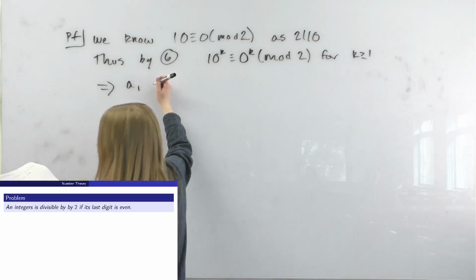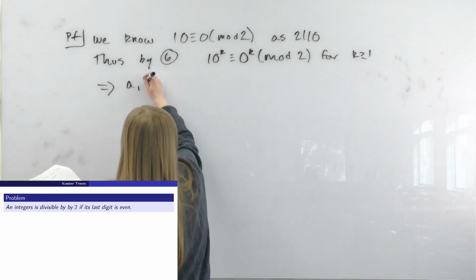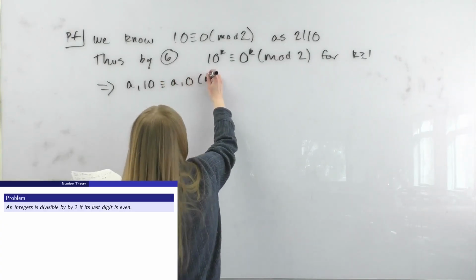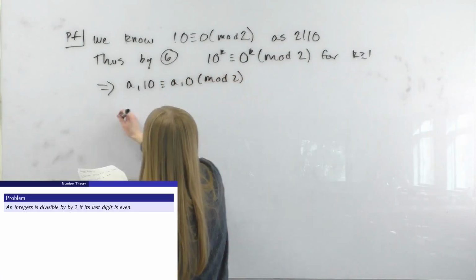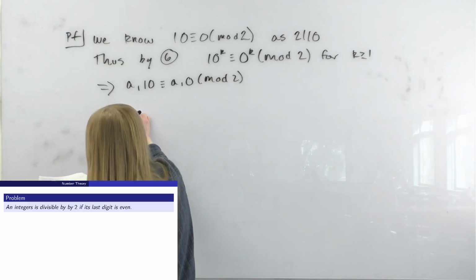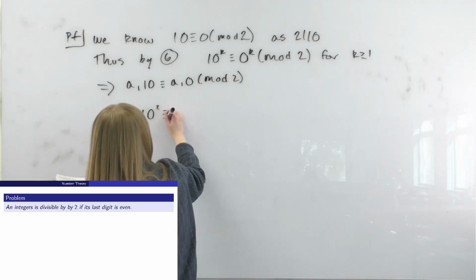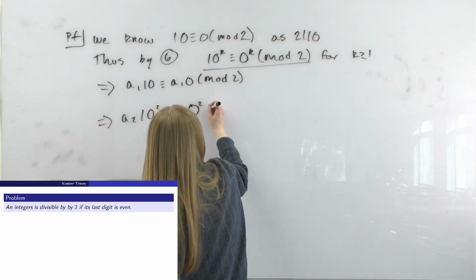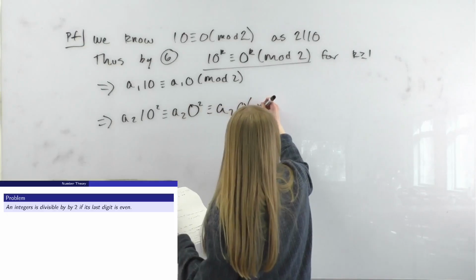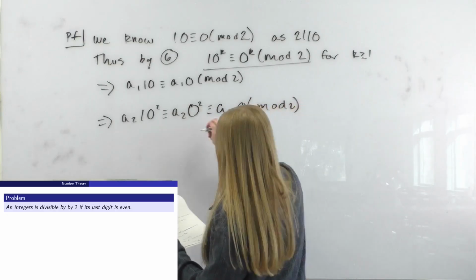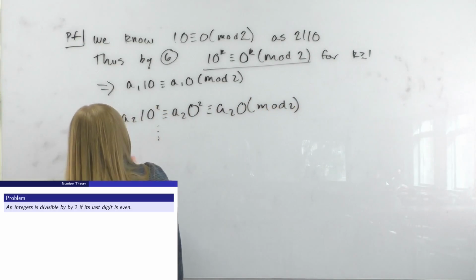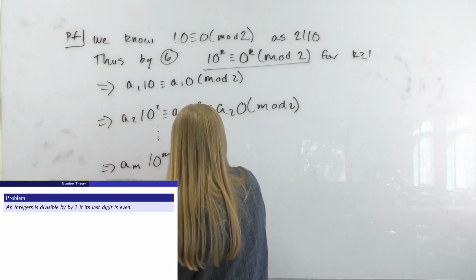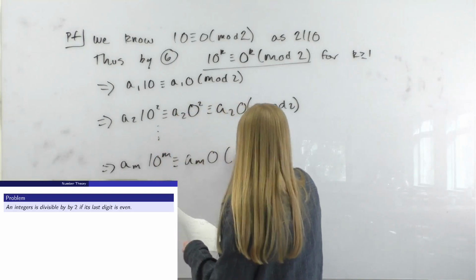Since we know 10 is congruent to 0 mod 2, we can multiply both sides by a_1, and that's okay. We can do the same thing for a_2 and 10 squared, because we have this piece and 0 squared, all the way until a_m 10 to the m is congruent to a_m times 0 mod 2.